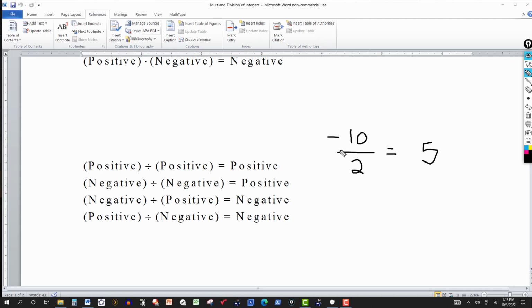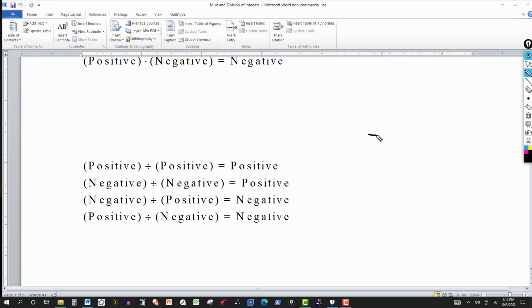And it's a negative divided by a positive. So you can see the rule then. This is going to be negative. 20 divided by 2 is 10. 100 divided by 50 is 2. No problem when they're both the same sign.